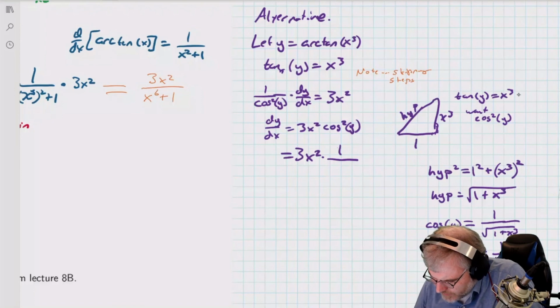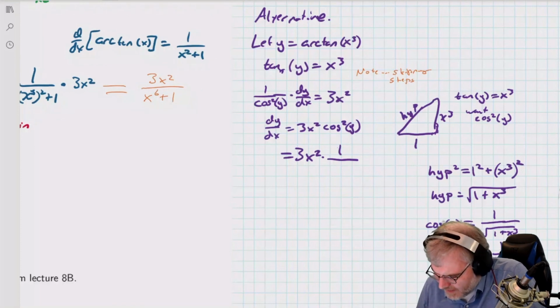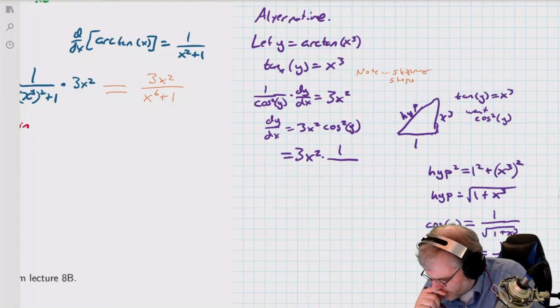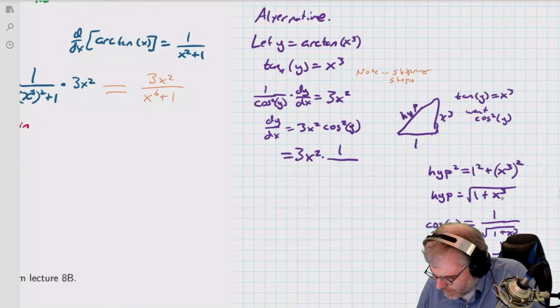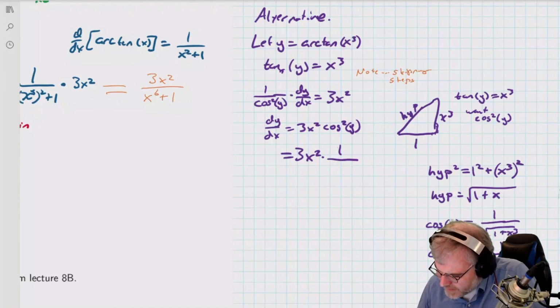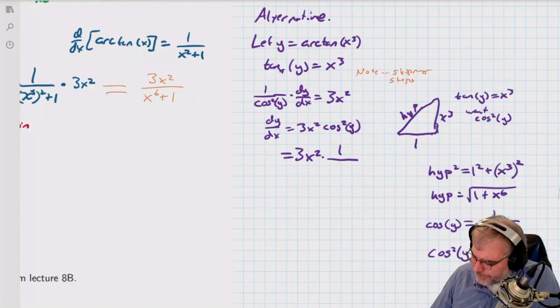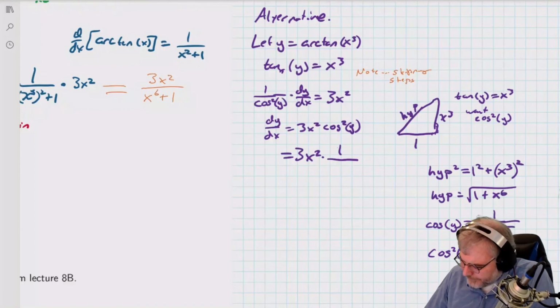The tangent was this. Somewhere I have messed this up. Can someone figure out where it was? It wasn't here. The square, oh! It's right here. There it is. So this right here should be 1 plus x to the 6th. There we go. I found it. Never mind.